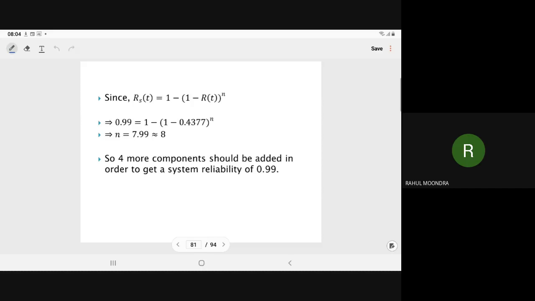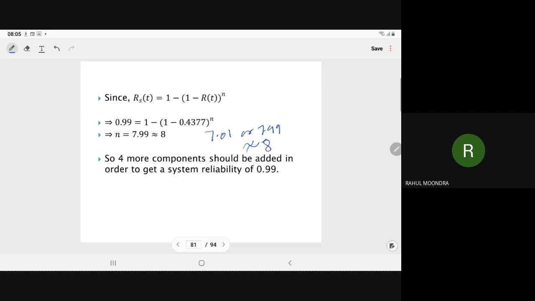Since the number of components must be a discrete value, whenever we have either 7.01 or 7.99, in both cases when talking about reliability, we always take the ceiling number.